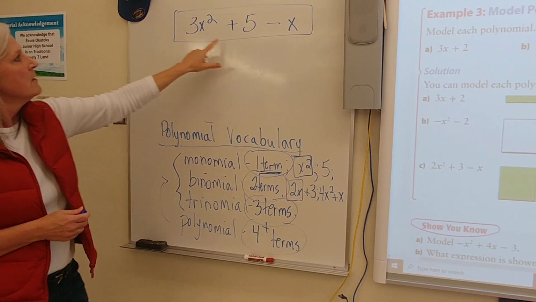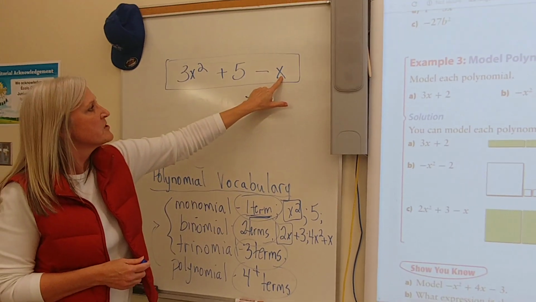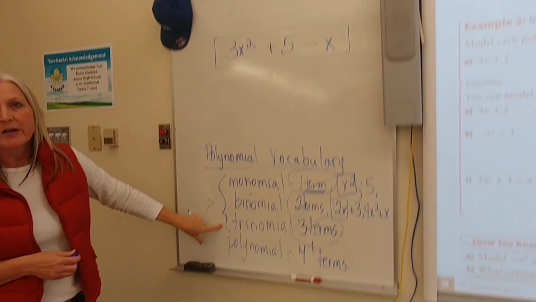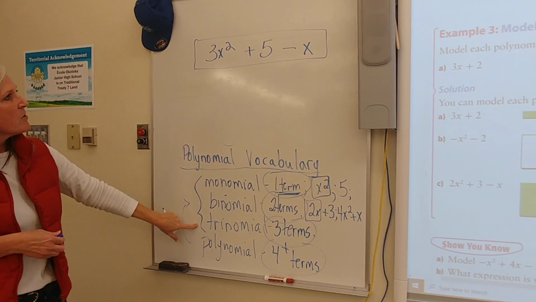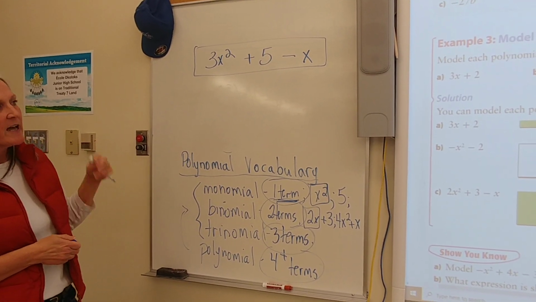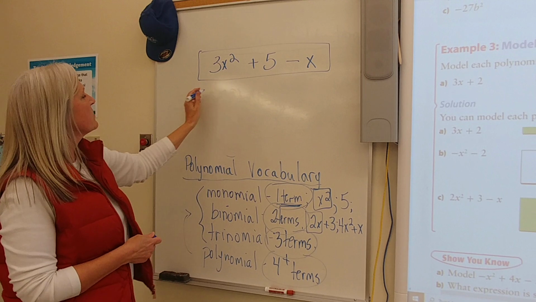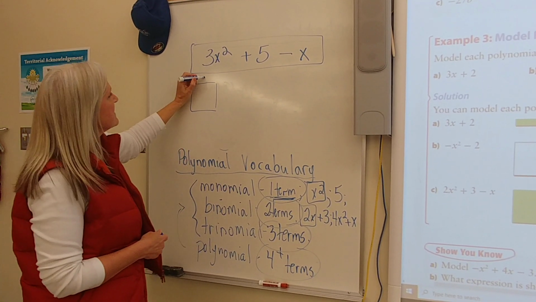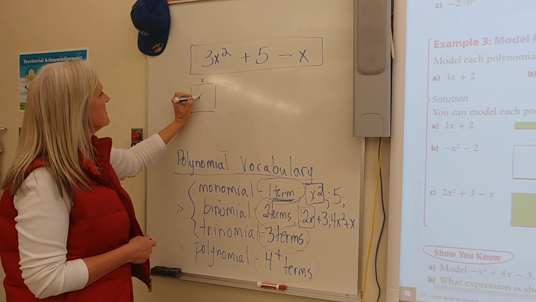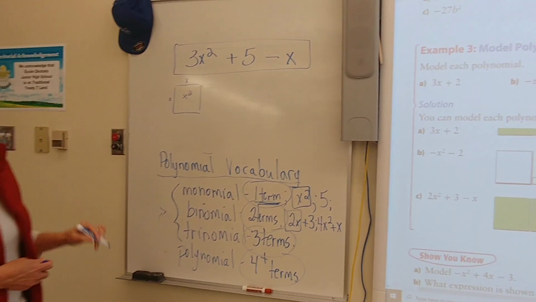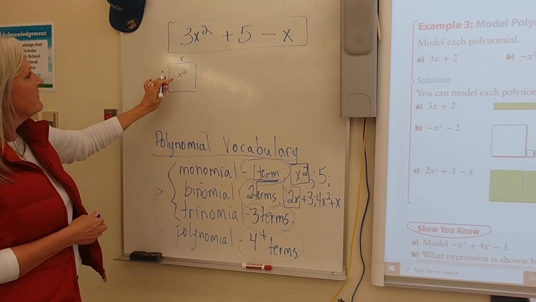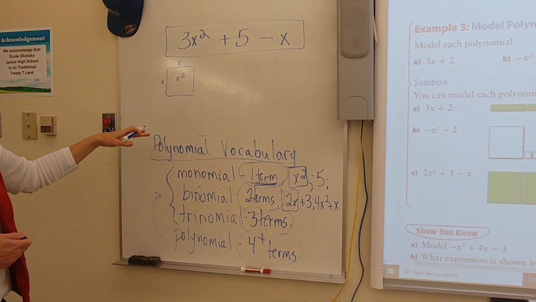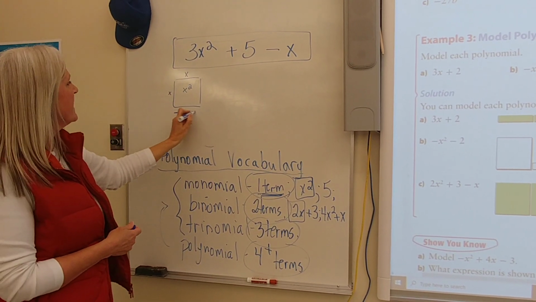There's one term, there's two terms, there's three terms, so this is a trinomial. So in this trinomial, on Knowledge Hook and in your textbook, an x squared is represented by a box, because x times x is x squared. You'll have two different colors, one if it's a positive x squared, one if it's a negative x squared.